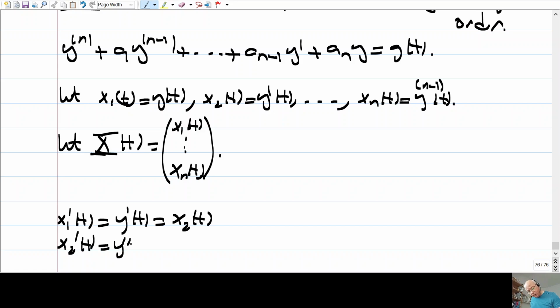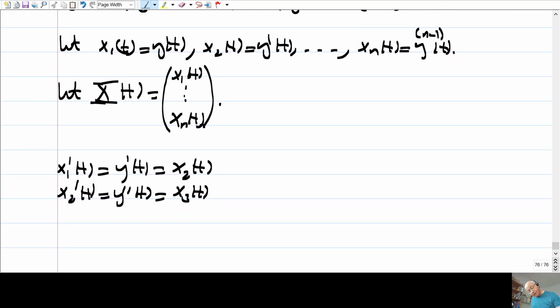Well, that is y double prime, but y double prime is just x3(t), and it goes like this up to x_(n-1) prime. That is the derivative of the n minus second derivative, so it will be the n minus first derivative. Well, that is just x_n(t).